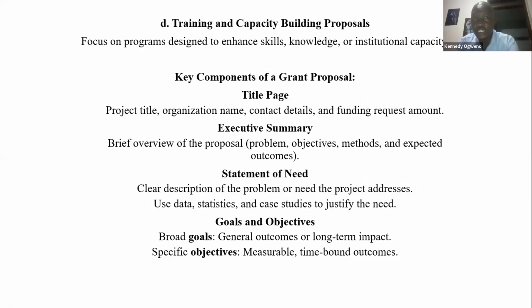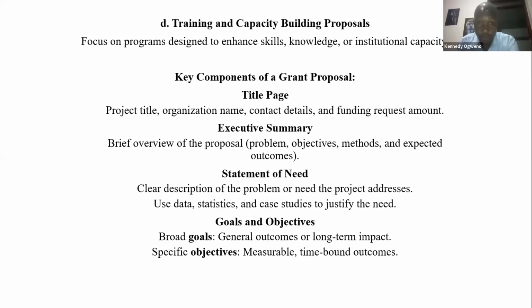So what happens is they write proposals to various organizations that will fund that project. You find these types of trainings normally go for 2 or 3 days or a week. They are funded because they have collaborated with other institutions that are able to finance this kind of training. So this falls under training proposals.